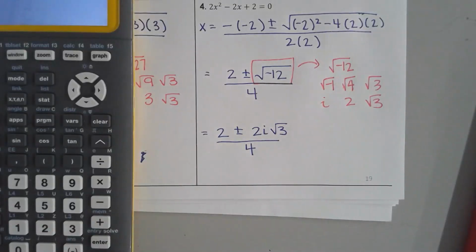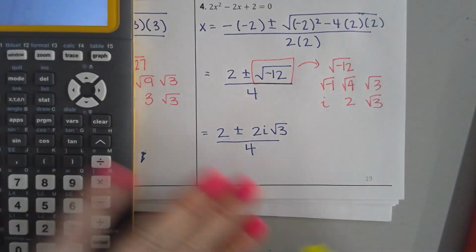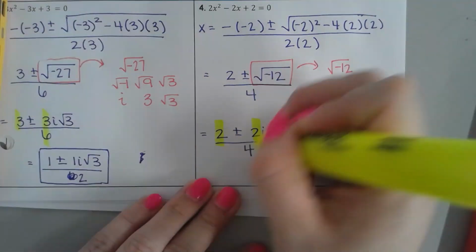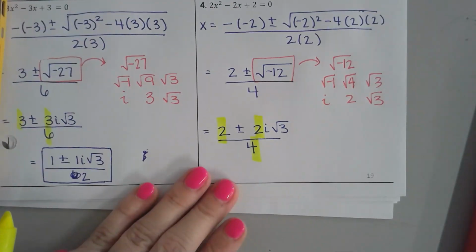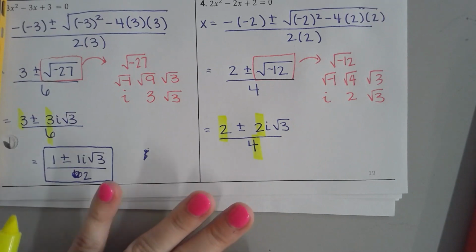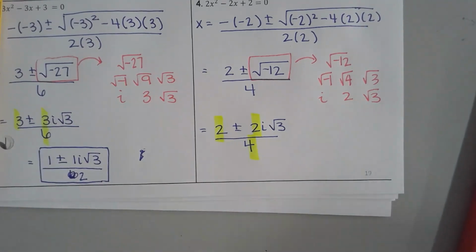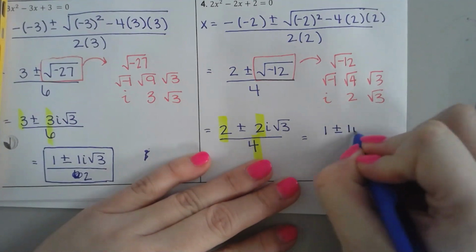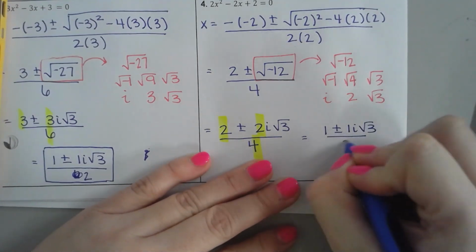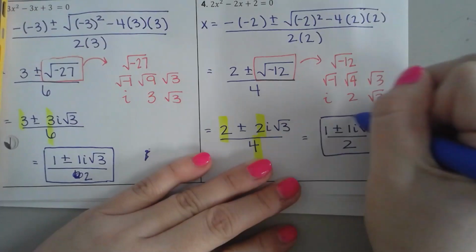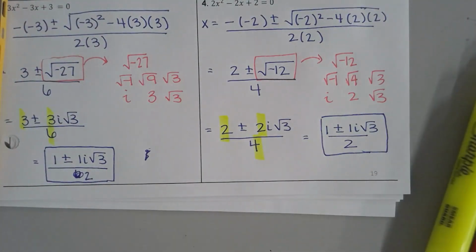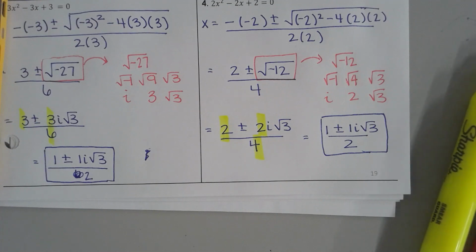And I get 2 plus or minus 2i square root of 3 over 4. I'll look at those three numbers, and I know they're all divisible by 2. So that means I can simplify, and I get the same answer as number 3. These have the same x-intercepts, basically.